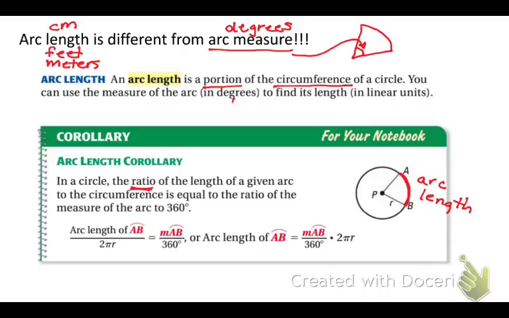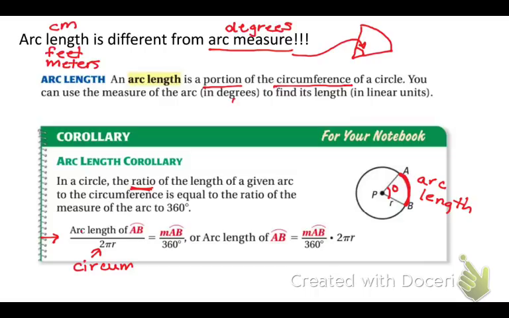So in a circle, the ratio of the length of a given arc, here's my first fraction, the arc length of arc AB, this red line that I've just drawn, divided by 2 pi r, which is the circumference, is equal to the measure of arc AB, the degrees down here, divided by 360.